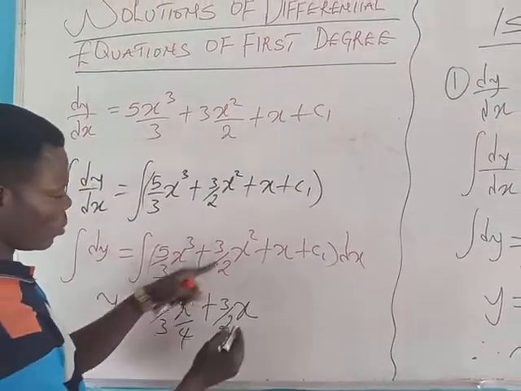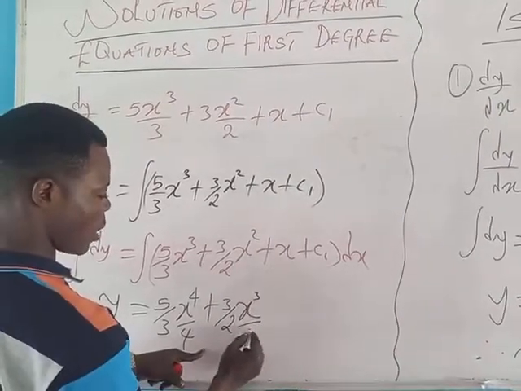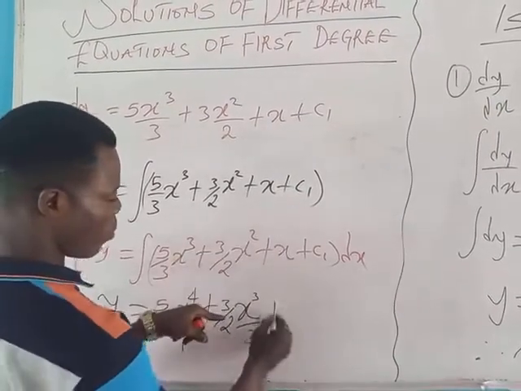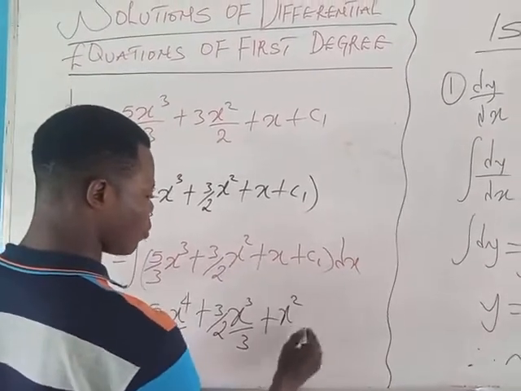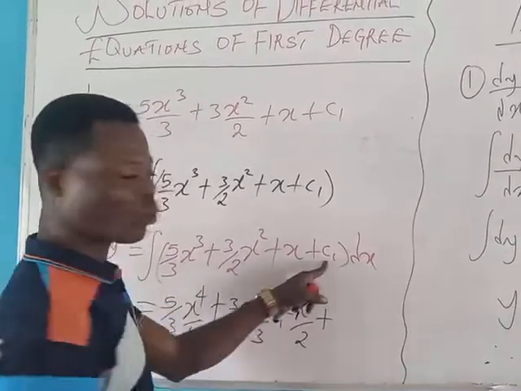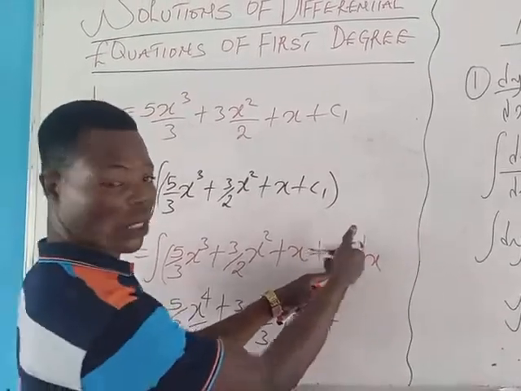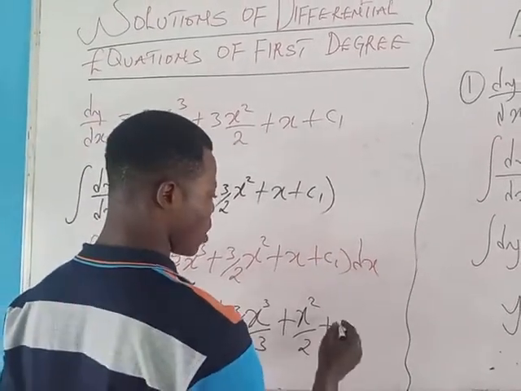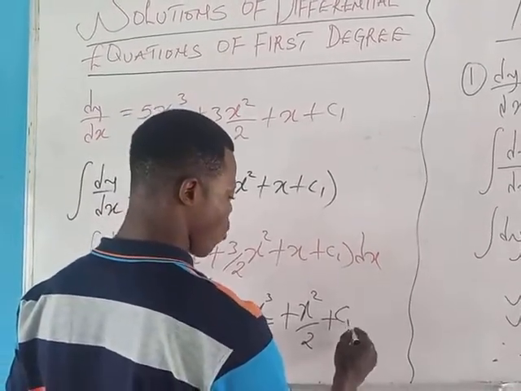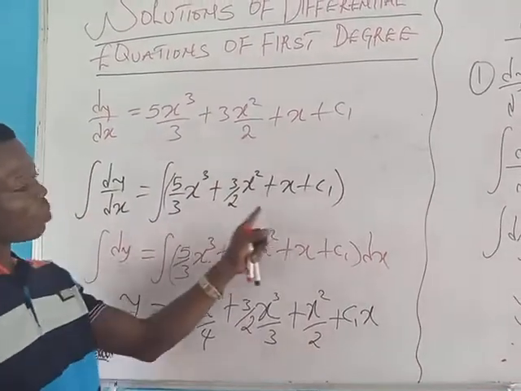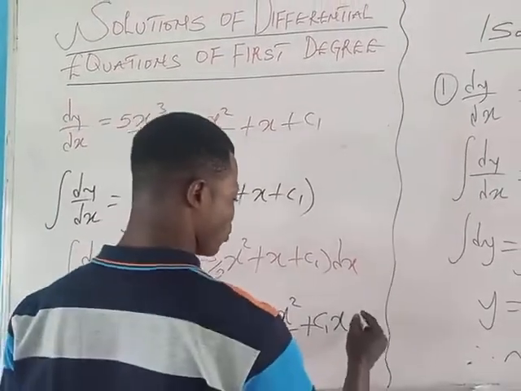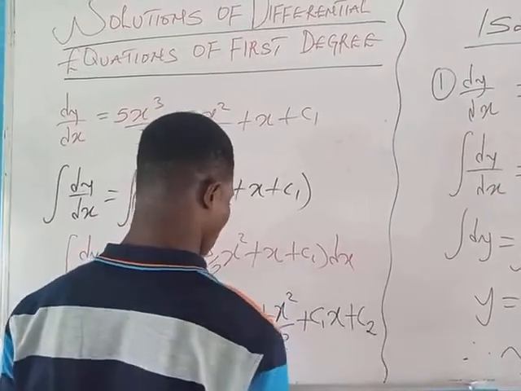So this will be 3 divided by 3x squared. Then plus, add 1 to this, it will be 2, x to the power of 2 over 2. Plus, we are integrating this as well, so it will be c1x. So we have to put another integration constant. This one will be c2.